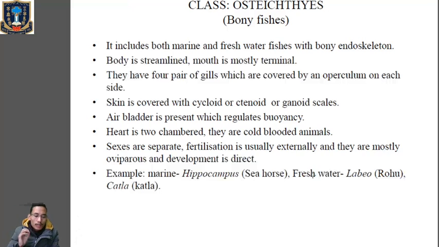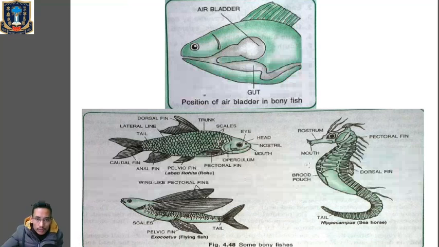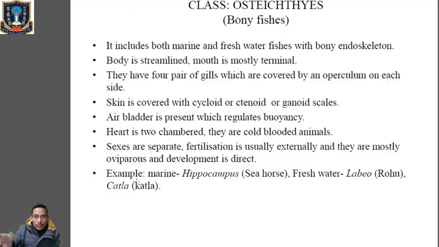Mouth is mostly terminal. If you look at the structure of the mouth compared to that of the cartilaginous fishes, here you can see the mouth is terminal. In cartilaginous fishes, the mouth is present ventrally, but here the mouth is present nearly at the front, the terminal region. So the mouth is mostly terminal, and they have 4 pairs of gills, but here the gills are covered by the operculum.